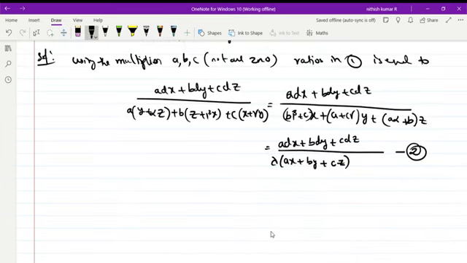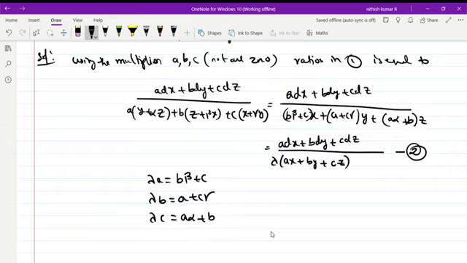Now I can write like this, provided the coefficient of x, which is b beta plus c, equals lambda into a. So lambda a is equal to b beta plus c. Similarly, lambda b is equal to a plus c gamma, and lambda c is equal to a alpha plus b.